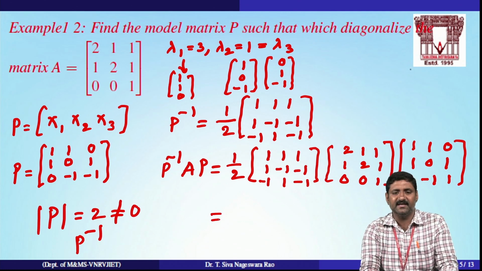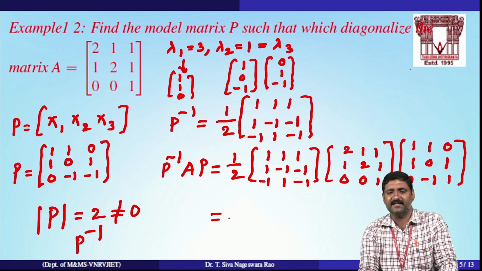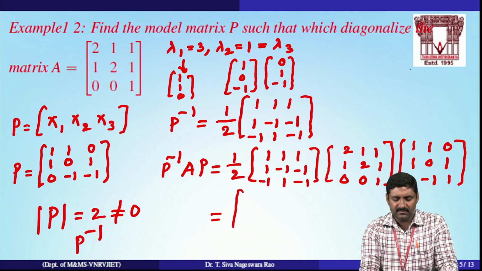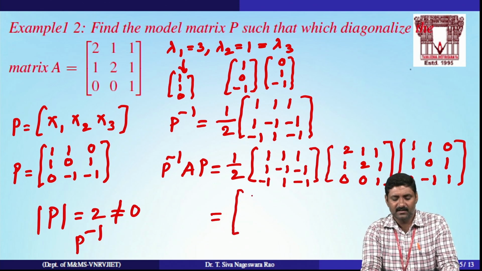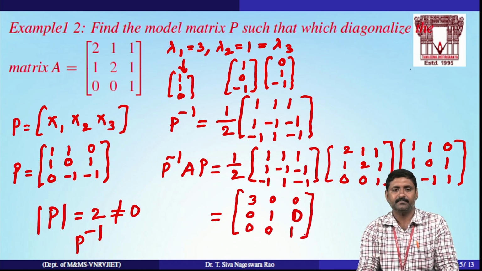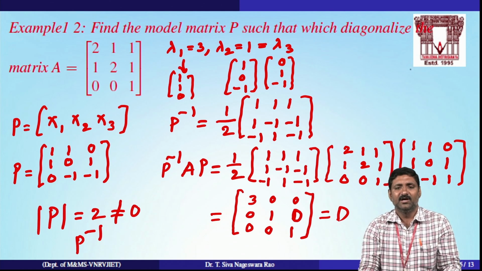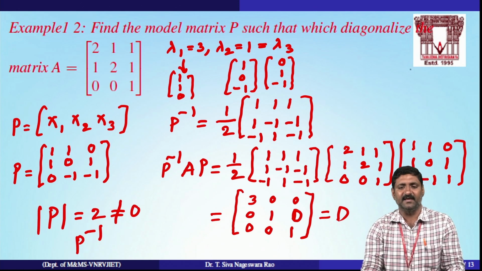If you multiply these three matrices, and then multiply the resultant matrix by 1 by 2, you will get the matrix 3, 0, 0, 0, 1, 1, 0, 0, 1. Sorry, here this is 0. So, this is the diagonal matrix capital D, in which the diagonal elements are the eigenvalues of capital A. This is how we diagonalize the matrix capital A.